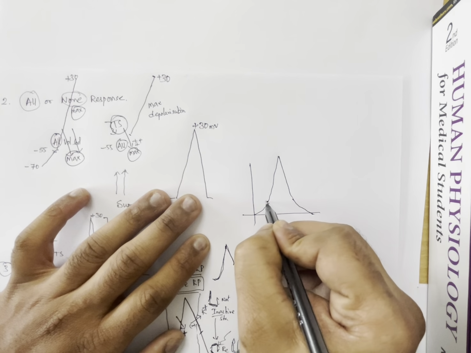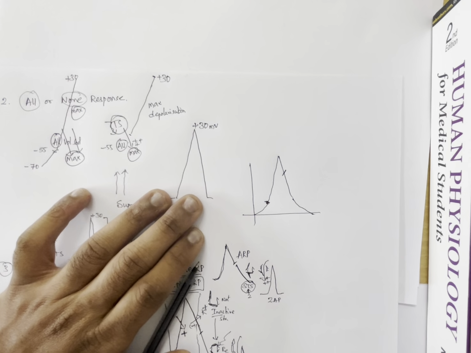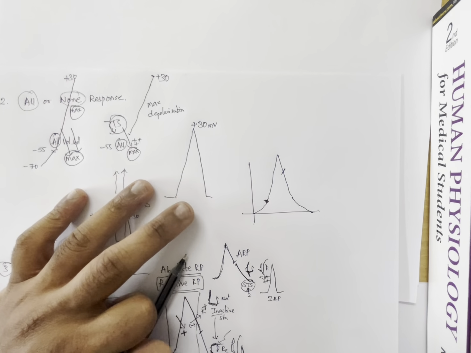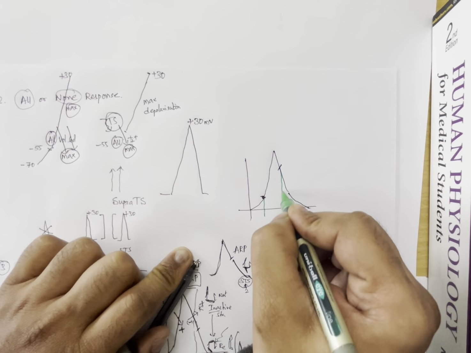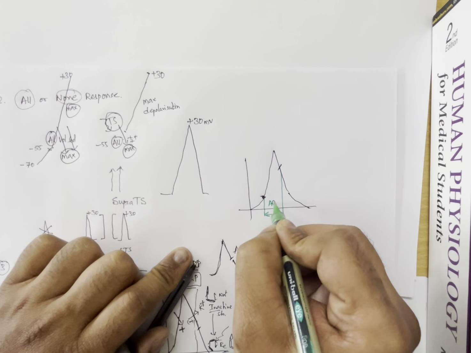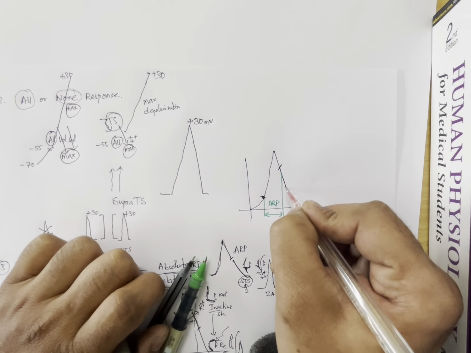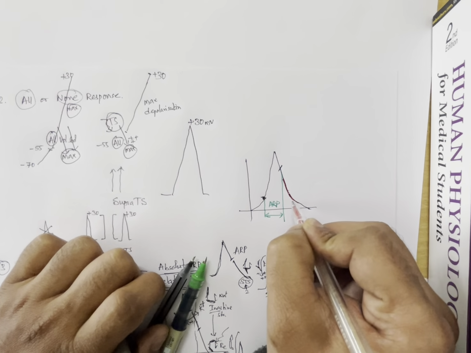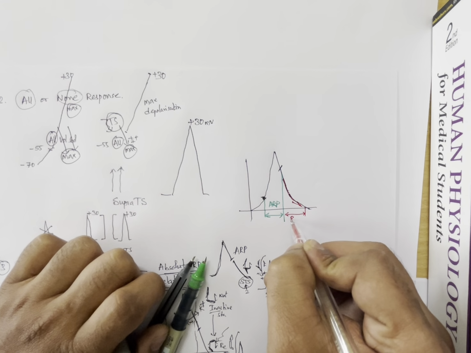This depolarization and early part of repolarization, up to this, is the absolute refractory period. And the later part of the repolarization phase is the relative refractory period.